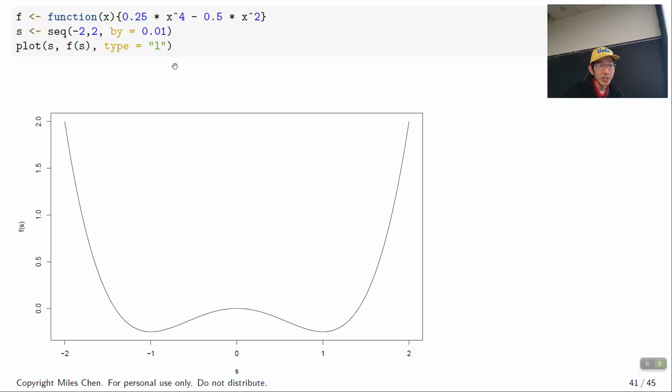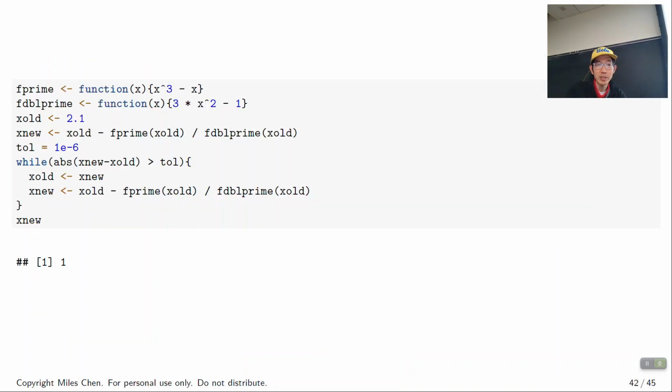And so here's my function, 0.25x to the fourth minus 0.5x squared, and we can see we'll have a local min at -1, a local max at 0, and a local min at +1. And let's see if our function is able to identify these local mins and local maxes, okay?